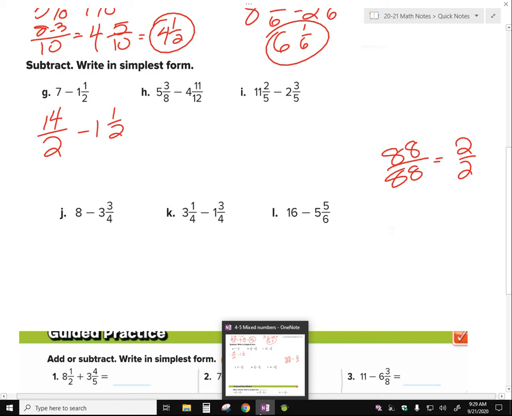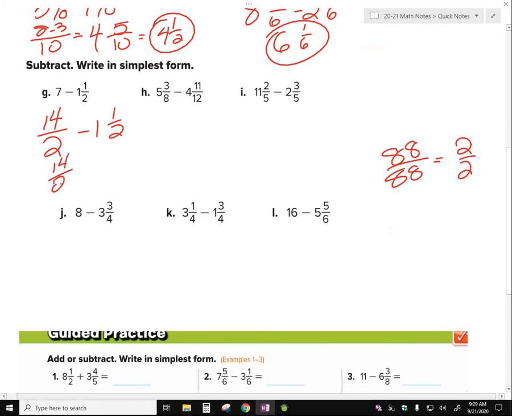You guys can use the margin for this. So I made it an improper fraction, 14 halves over 3 halves. 14 minus 3 is 11 halves, which is 5.5. I made it an improper fraction so I can have a common denominator.